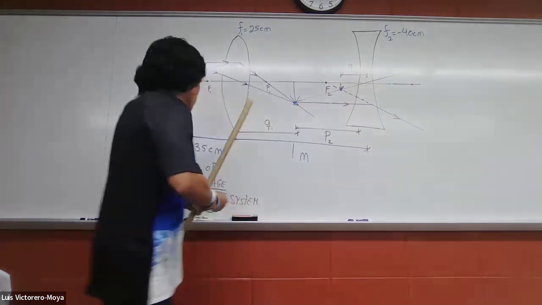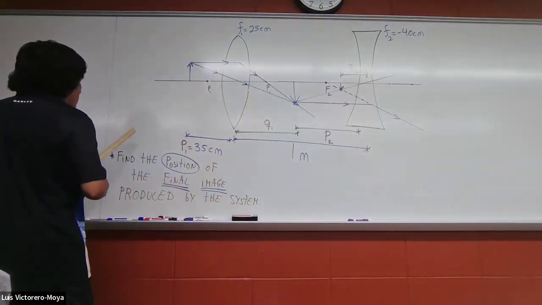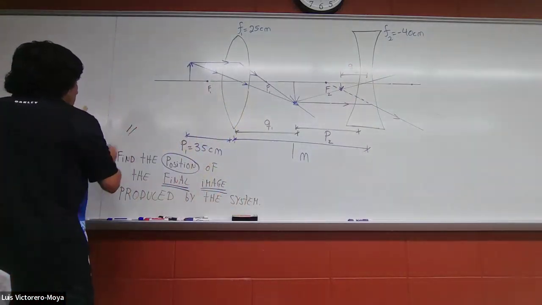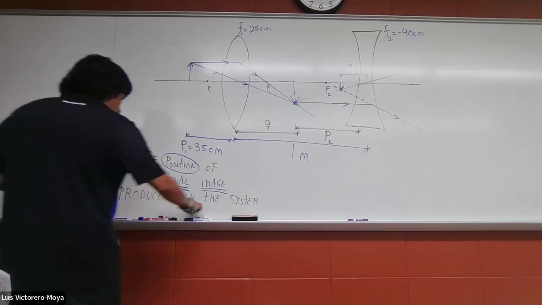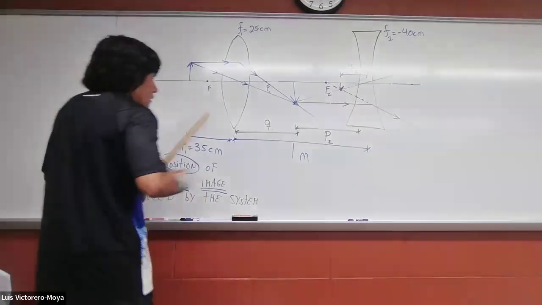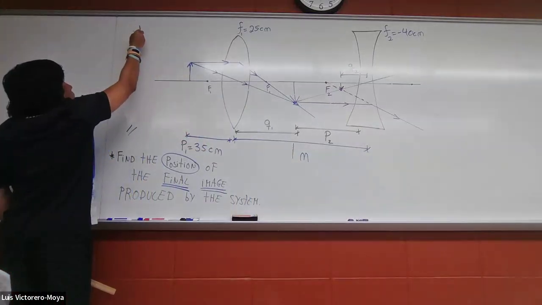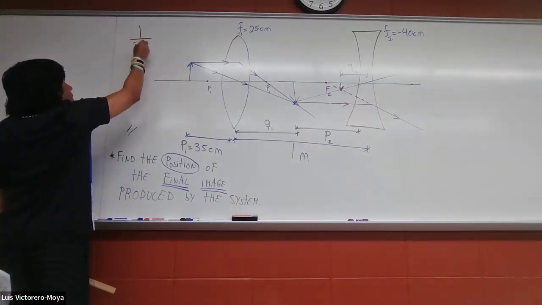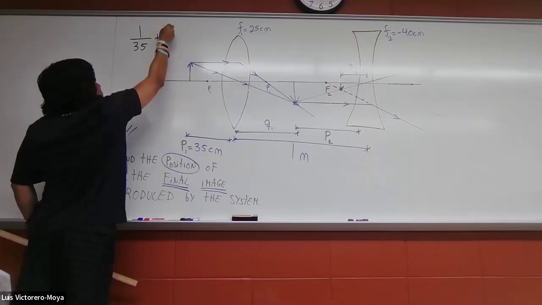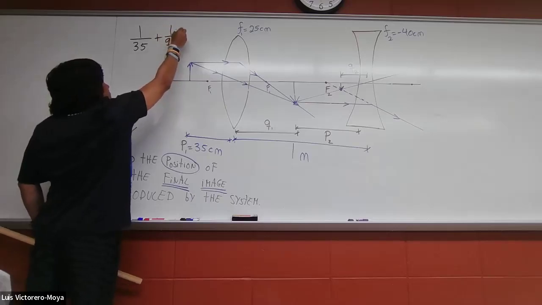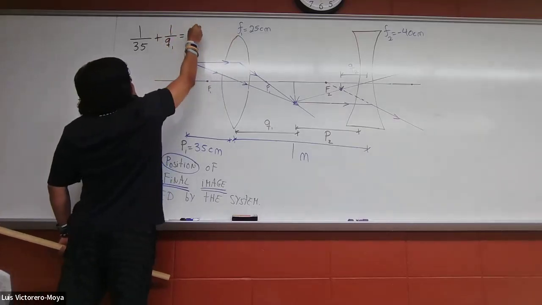All right? Okay. So here, 1 over P1 plus 1 over Q1 equals 1 over 25.